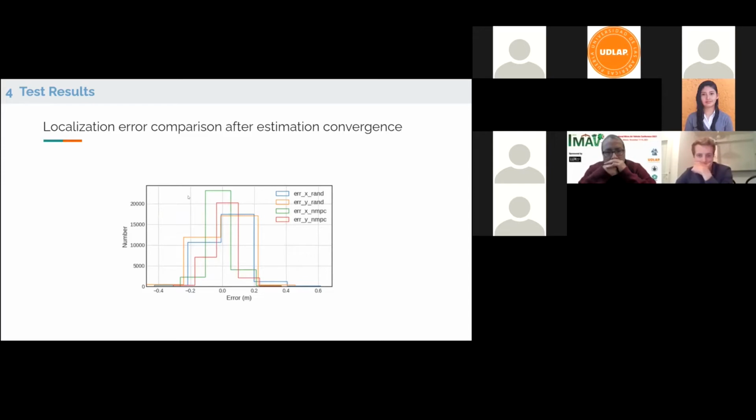And also after convergence, the optimal control has a smaller localization error distribution, as the red line, compared to the random inputs of blue and yellow lines.